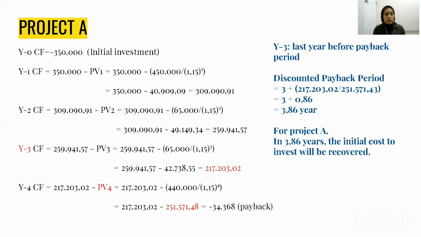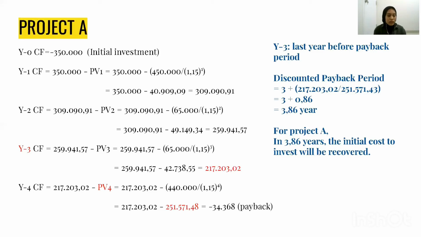It is equal to 309,000 minus 65,000 divided by 1.15 to the power 2. So the present value in year 2 is 49,000. It is equal to 259,000.